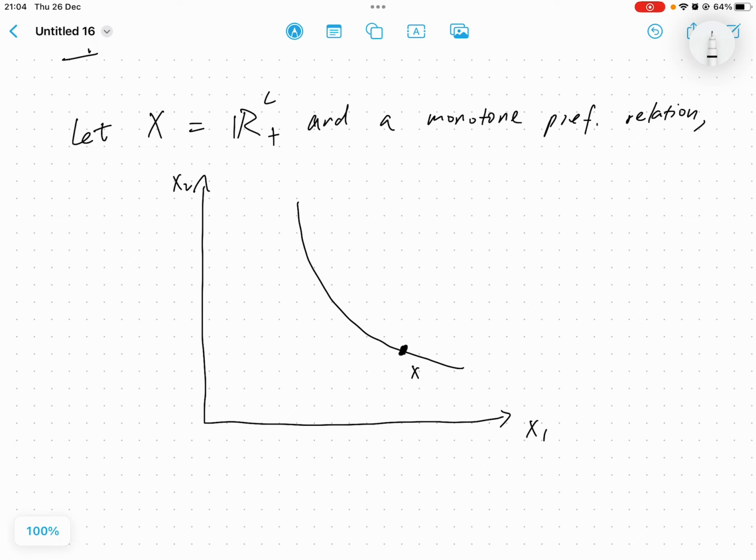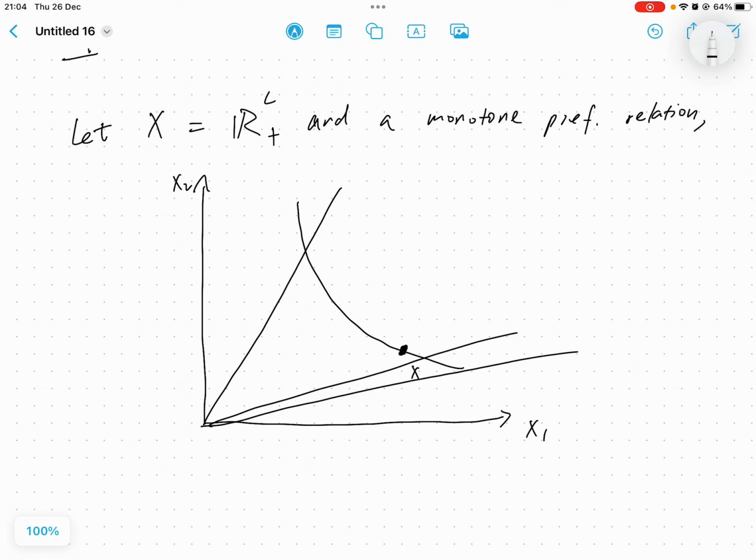Let's draw a diagonal ray, and you could simply draw any ray, it doesn't matter.